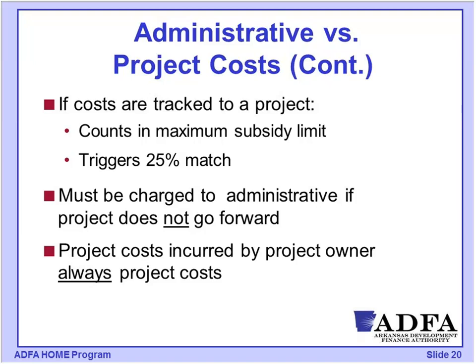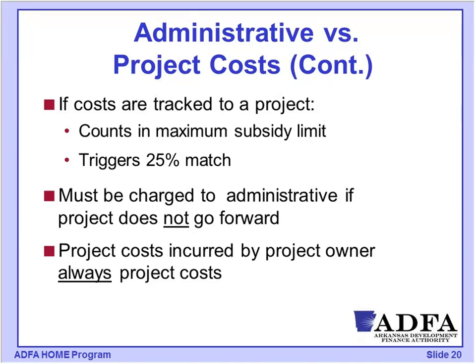If we have a project that does not actually go forward, for instance, if I had a homeowner rehab program and I went out to inspect a unit and spent some time coming up with a scope of work and doing my internal estimate on how much that was going to cost, and I found that the costs for bringing that unit up to standards were going to exceed my maximum limits for my program, that would be a unit that I would end up not assisting.